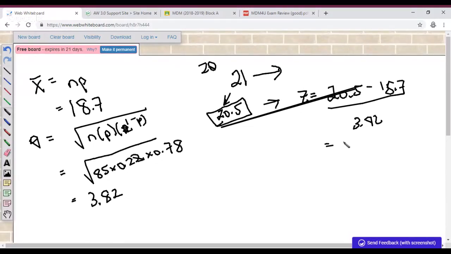Anyway, I get 0.47. So on the Z score table, I need to look up 0.47, which I should have had in front of me.